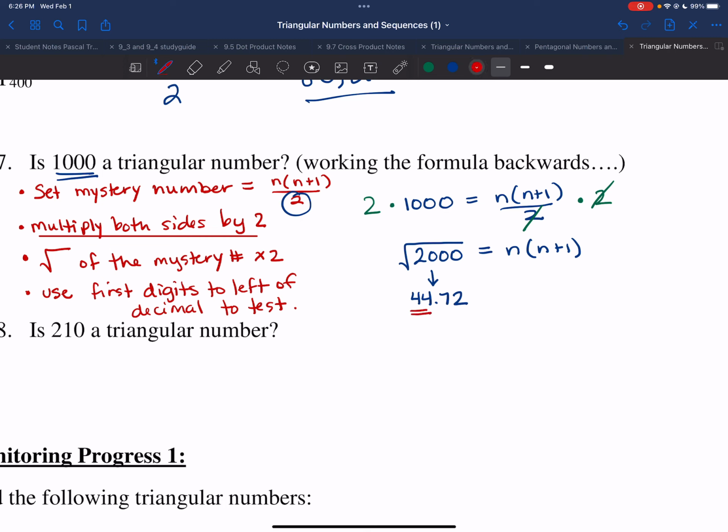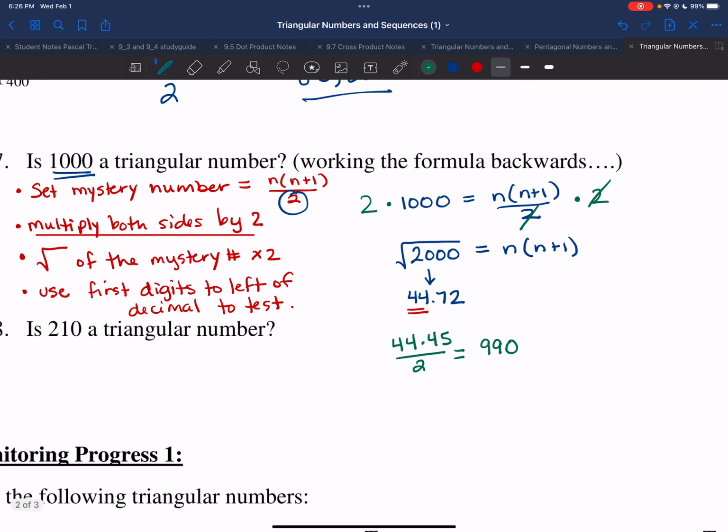So now I'm going to look at this number 44, and I'm going to test that. So my test looks like this. 44 times 45 divided by 2 equals. So when I run that, I get 990. That falls short of the 1,000 that I need. So I might still not be sure. I'm going to go up 1 and see if maybe we catch the 1,000.